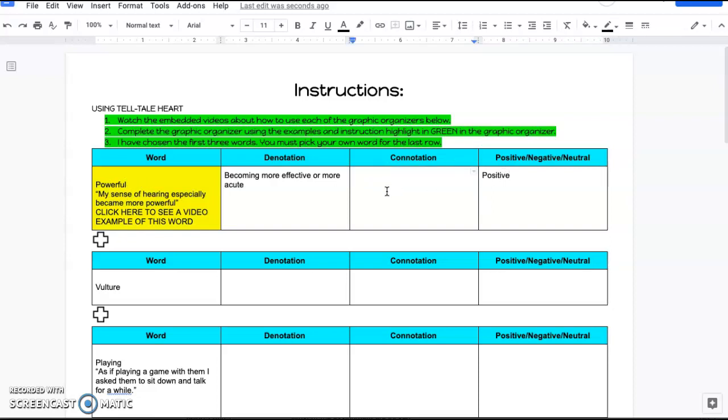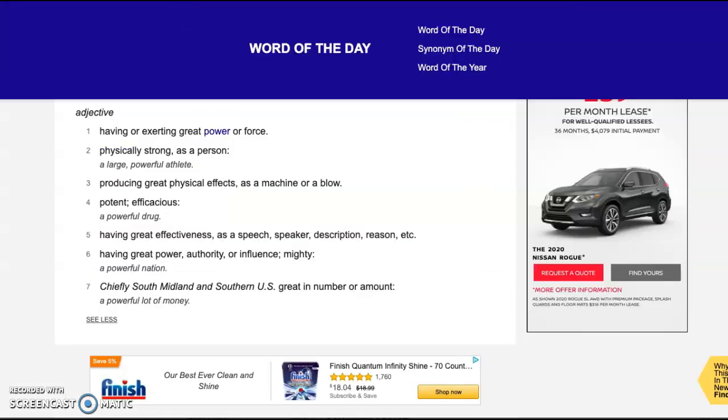So when I think about this word powerful in this connotation, I associate it with boldness. So this is how I think about it. Denotation is your dictionary.